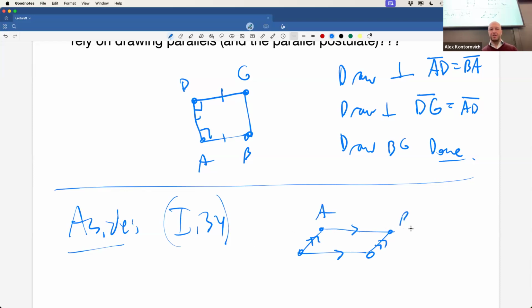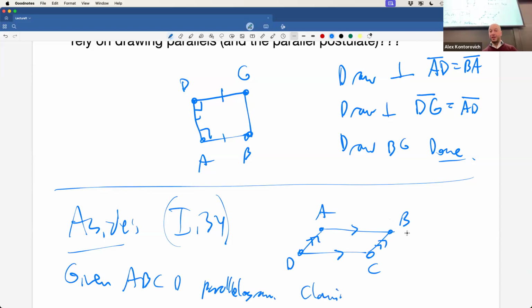Let's give these things names, A, B, C, D. So we're given ABCD, a parallelogram, and the claim is that opposite lengths are equal. AB is equal to DC, and AD is equal to BC. The opposite lengths are equal.